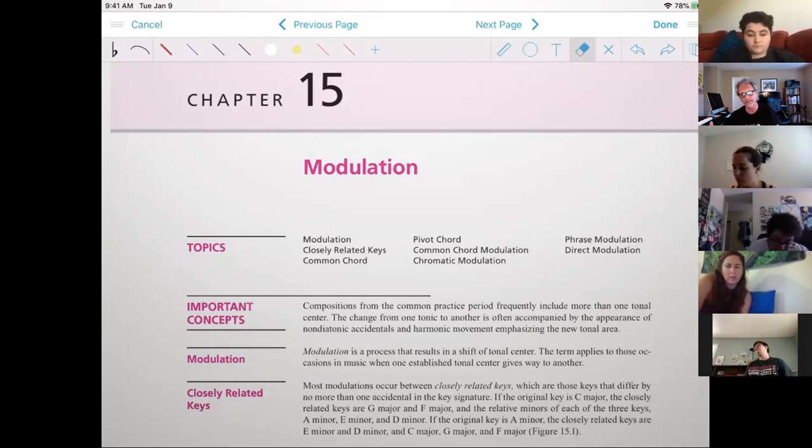Because we don't do that. In classical music, when we modulate, we only use accidentals. We don't sit there and put a new key signature here, and then another new key signature here. I mean, it's done, but it's not done in large groups of pieces.